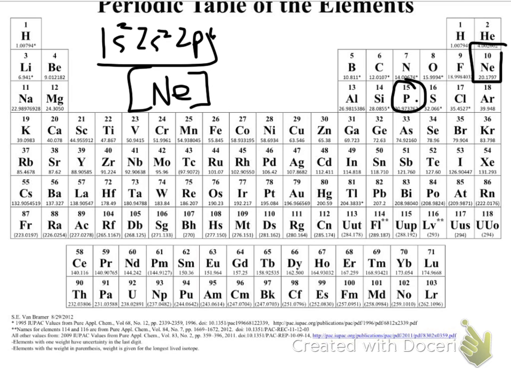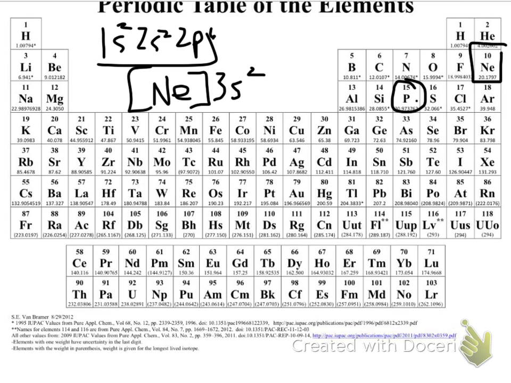So, where do I start filling next? Yep, 3s. Okay, so we know that neon ends on 2p6, so we're going to fill 3s. That gets us 2 more electrons.